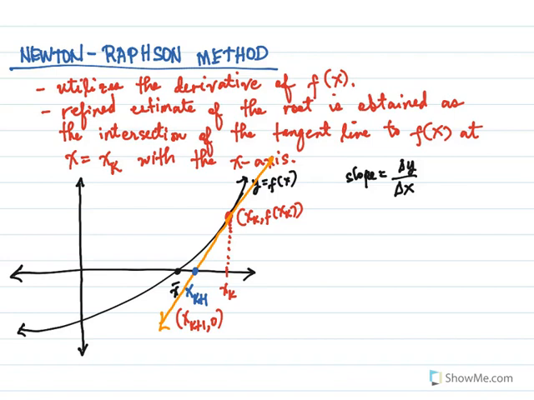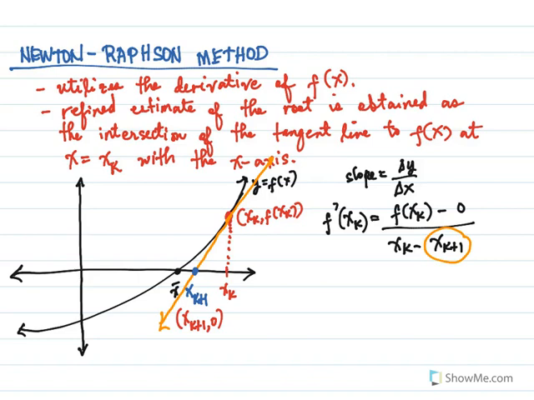So if you use the slope formula as delta y over delta x, the slope here is represented by the derivative of f at x sub k. This is equal to f of x sub k minus 0 over x sub k minus x sub k plus 1. So our goal is to solve for an expression for x sub k plus 1.